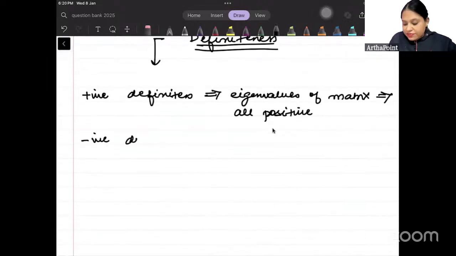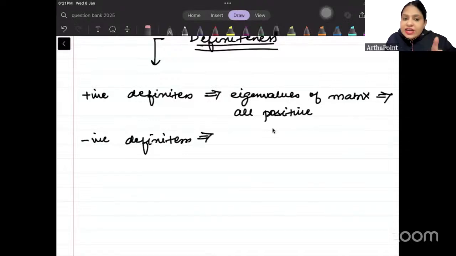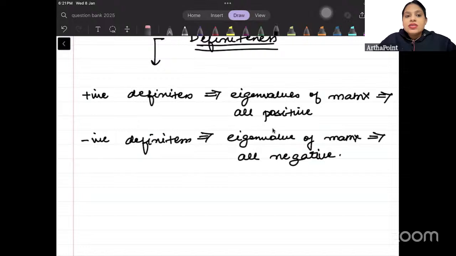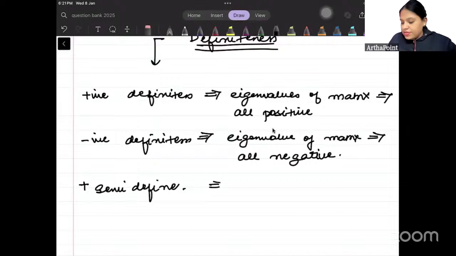And for negative definiteness, I need that the eigenvalue of matrix should be all negative. ठीक है. Similarly, when I talk about positive semi-definiteness, then it should be greater than equal to 0, eigenvalues.